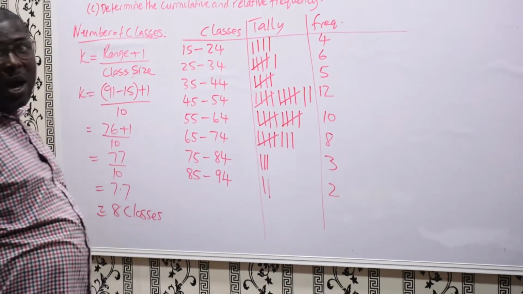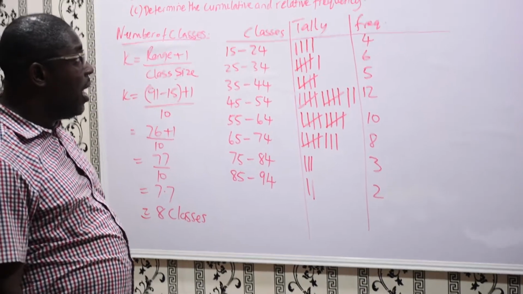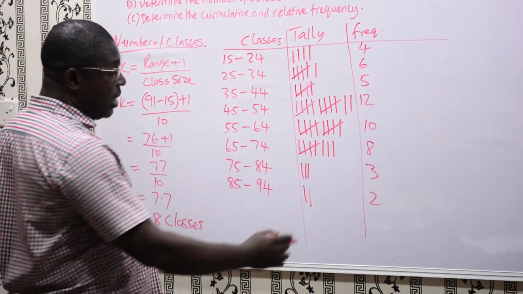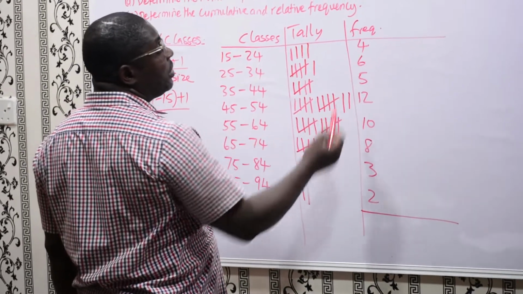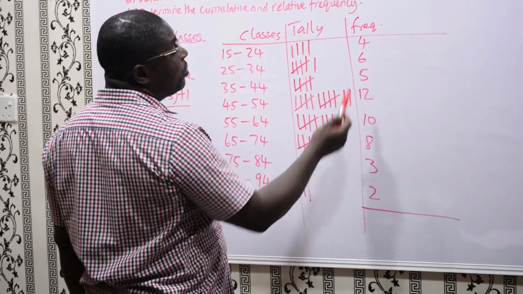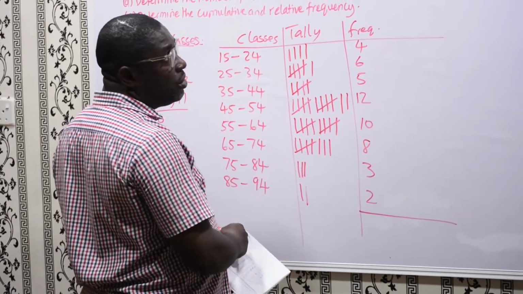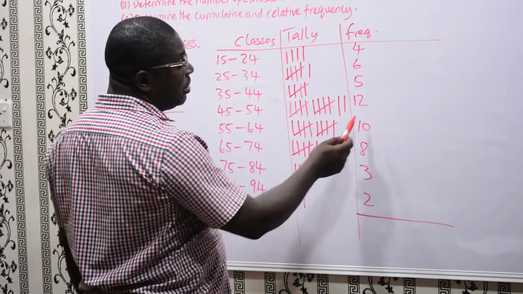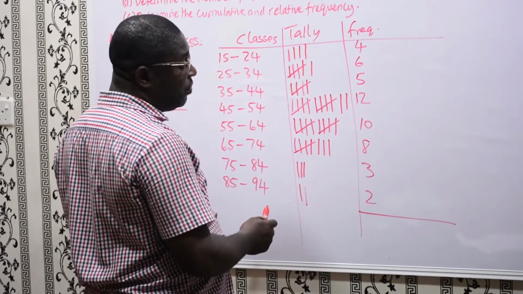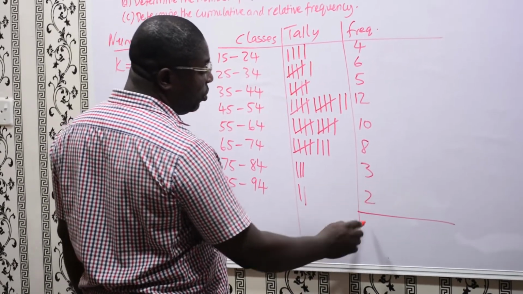So let's add up our frequency to confirm whether we're going to have 50 as our total frequency. 4 plus 6 is 10. 10 plus 5 is 15. 15 plus 12 is 27. 27 plus 10 is 37. 37 plus 8 is 45. 45 plus 3 is 48. 48 plus 2 is 50.